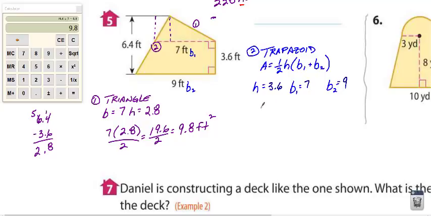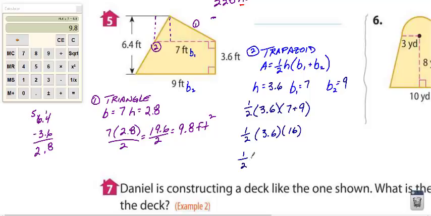So here's what I know. I know I'm going to have 3.6. I'm going to have 1/2. I'm going to do the 1/2 way this time. Times 3.6 times base 1 plus base 2, the 7 plus the 9. So I haven't used that yet. That's 16, the 7 plus the 9.